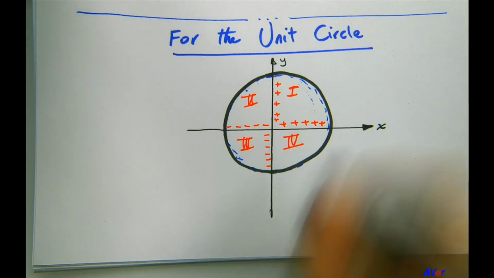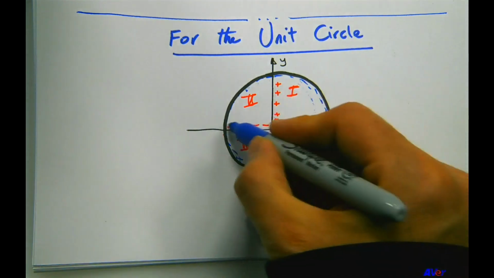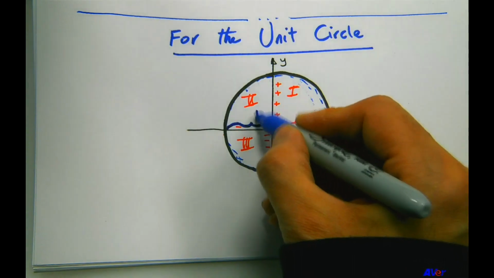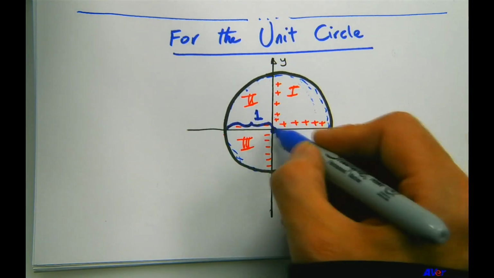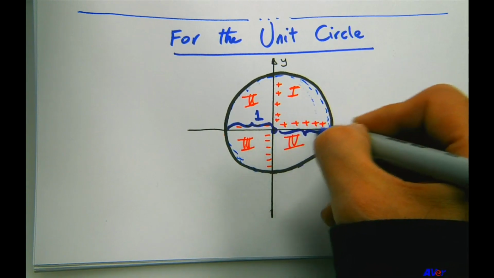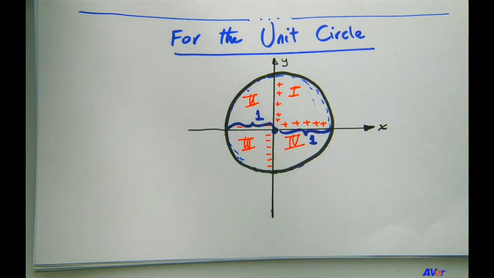And this is a unit circle, so this radius from here to here is 1. This circle is centered at the origin of the axis. From here to here is also 1, and so is from here to here and from here to here. Okay, 1 unit.